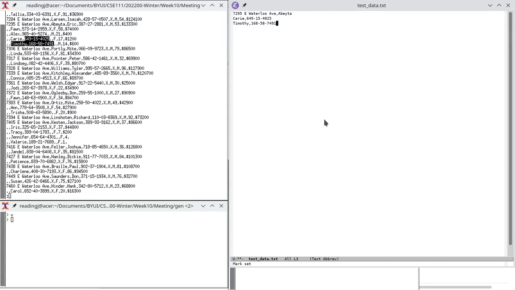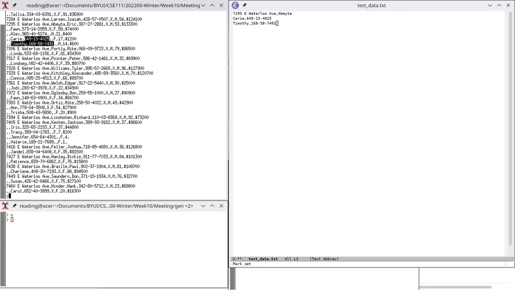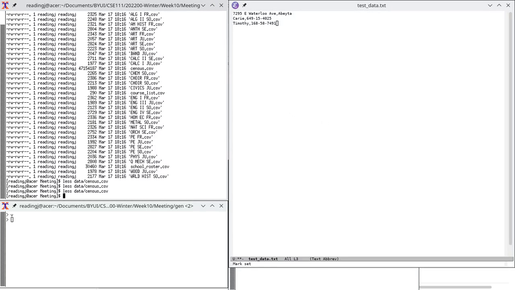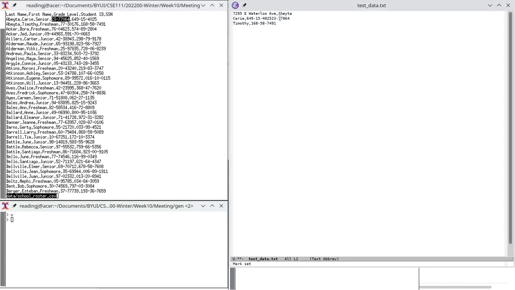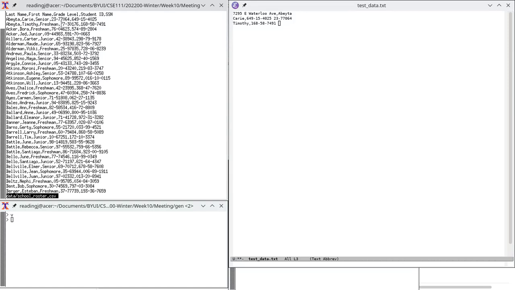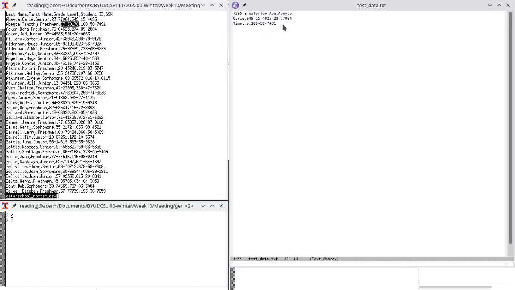and then if we come, well, let's keep using this over here, the school roster. So we can see that her student ID is that, probably should have left a space there, and his student ID is that.